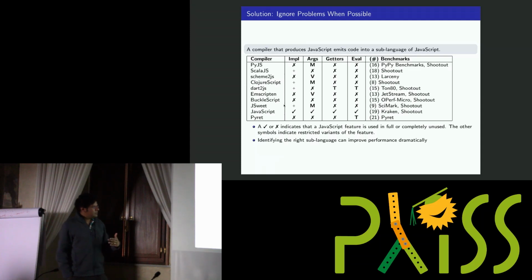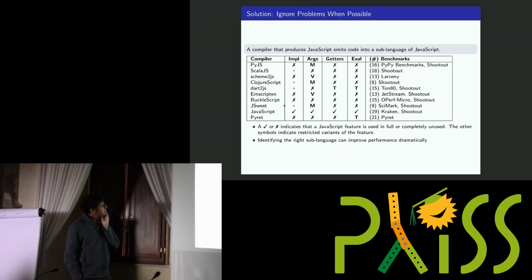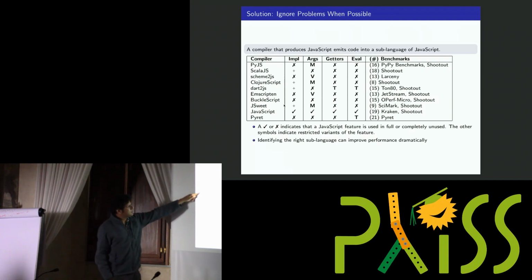So what we did to evaluate Stopify is that we took a bunch of existing compilers. I think with this 10 here, 9 of them are compilers that other people wrote that produce JavaScript. We ran them, and then we ran Stopify on the JavaScript that they output. Okay, think of it this way. BuckleScript is an OCaml to JavaScript compiler.